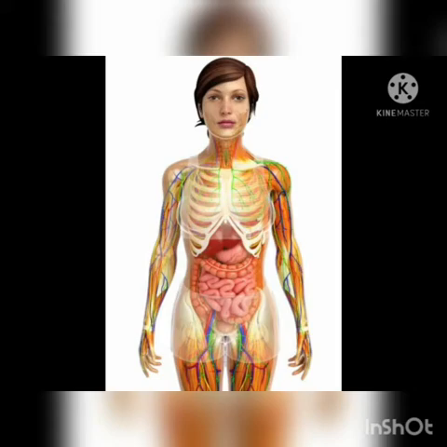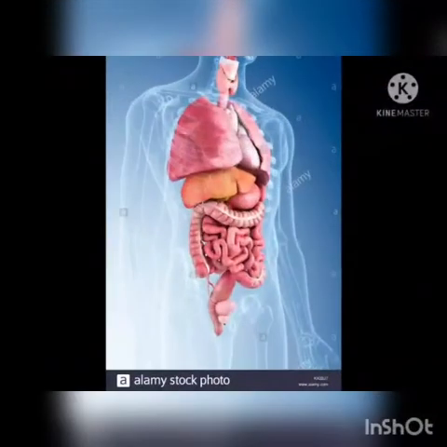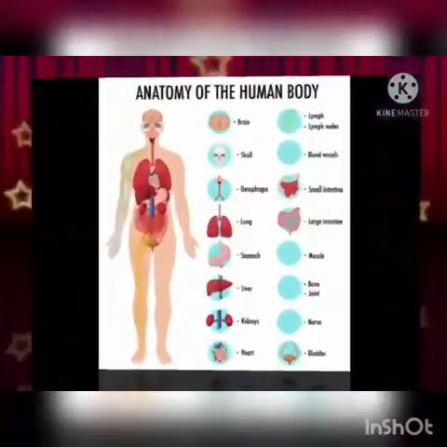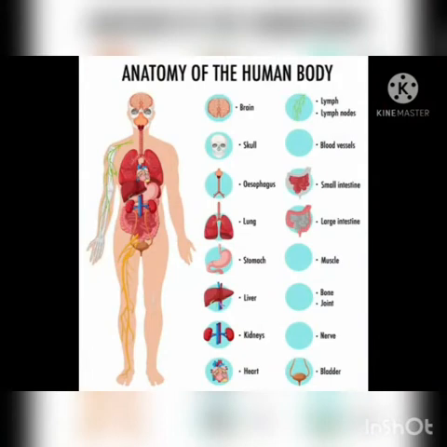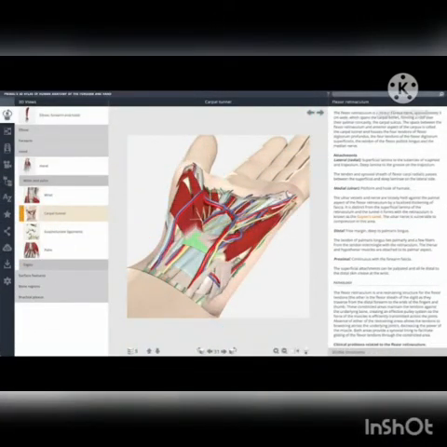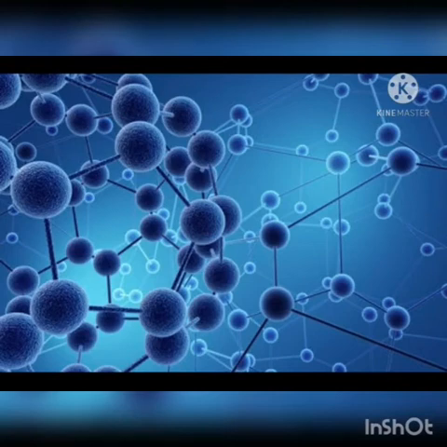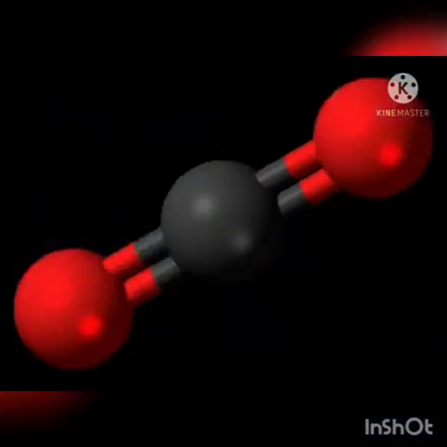Now, before going into some basics of anatomy, let us understand what our human body is made up of. It clearly starts from the molecular level, from simple molecules.